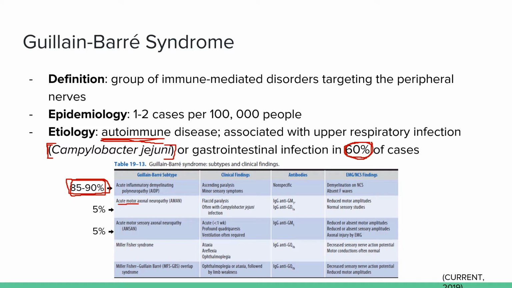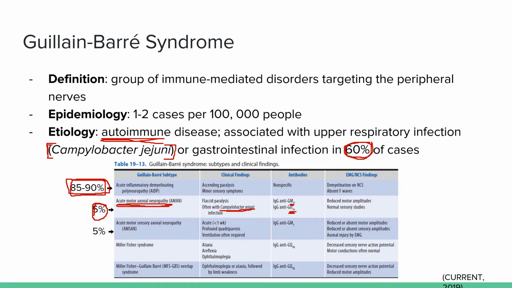Acute motor axonal neuropathy is seen in 55% of cases, and the clinical findings are mainly flaccid paralysis, with a strong association with Campylobacter jejuni. Some of the autoantibodies we can expect to find are anti-GM1 and anti-GD autoantibodies.